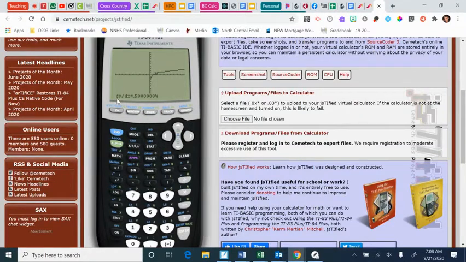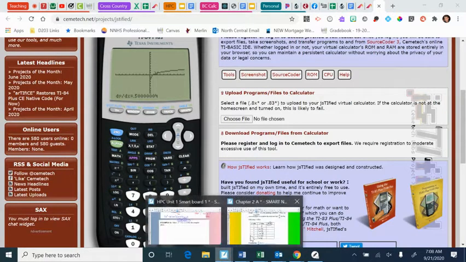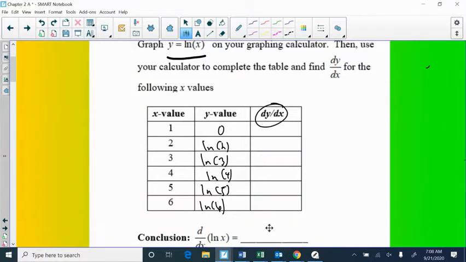And there's our derivative value. dy/dx is 0.500000. Okay, then go back to your table here, and you could write 0.5, with a whole bunch of zeros, which if you're doing 3 significant figures, would be 0.5.